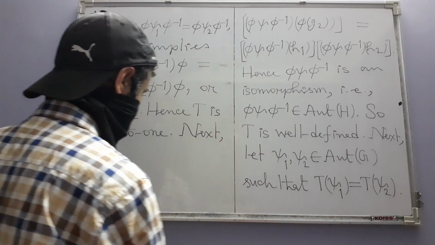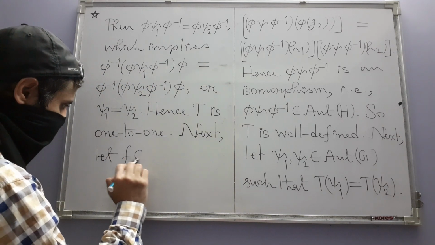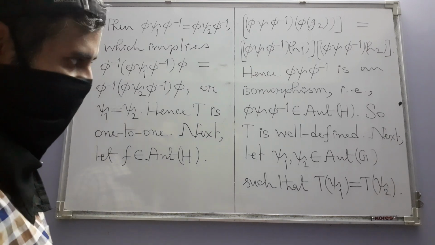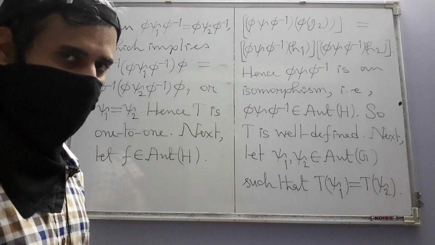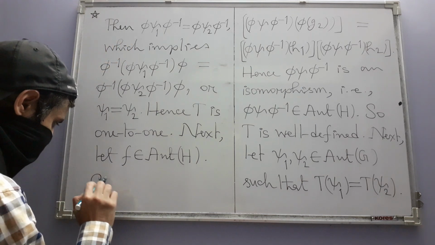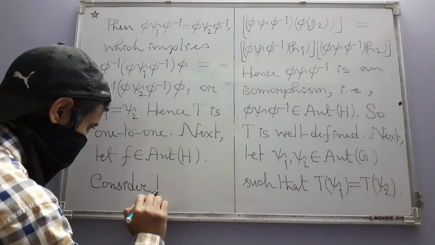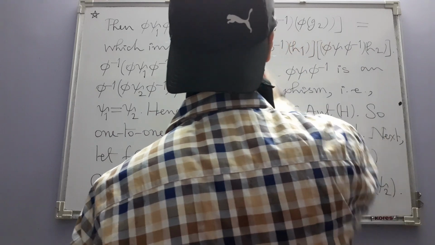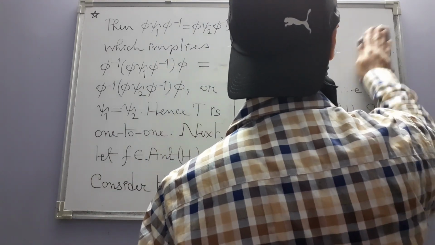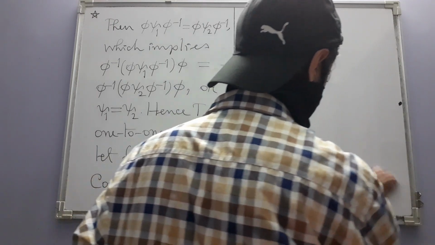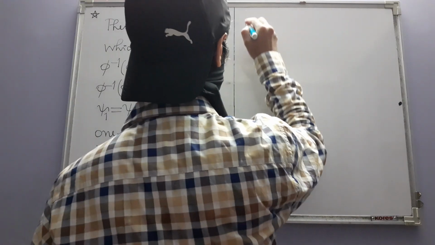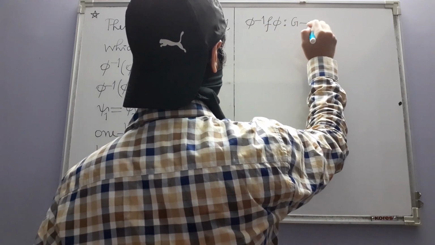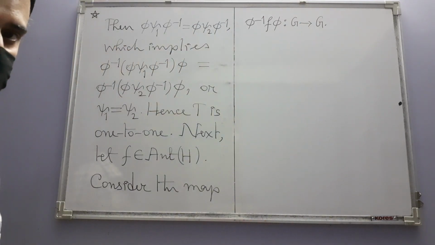For that, let F be any automorphism of H. We want an inverse image to which if we apply capital T, then we are going to get F. Consider the map phi inverse F phi from G into G. Is it really a map from G into G? Let us first see that.